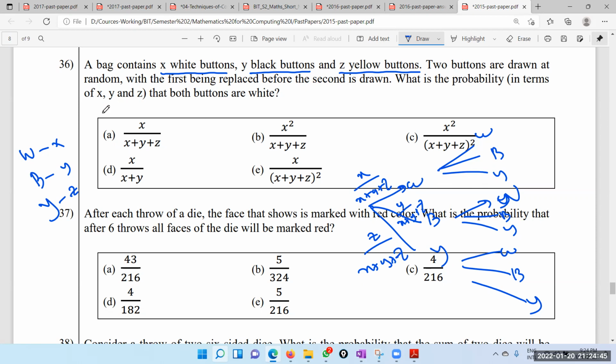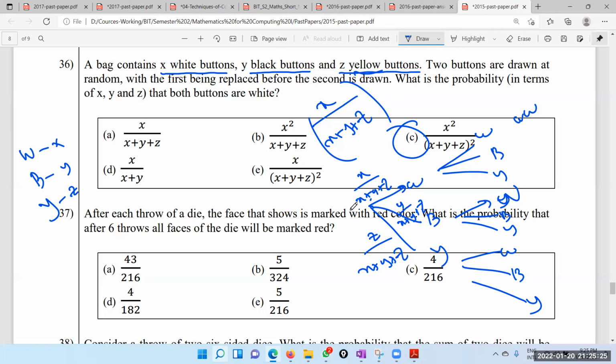What is the probability that both buttons are white? White, white. So that is X divided by X plus Y plus Z, into the same. So X squared divided by (X plus Y plus Z) squared.